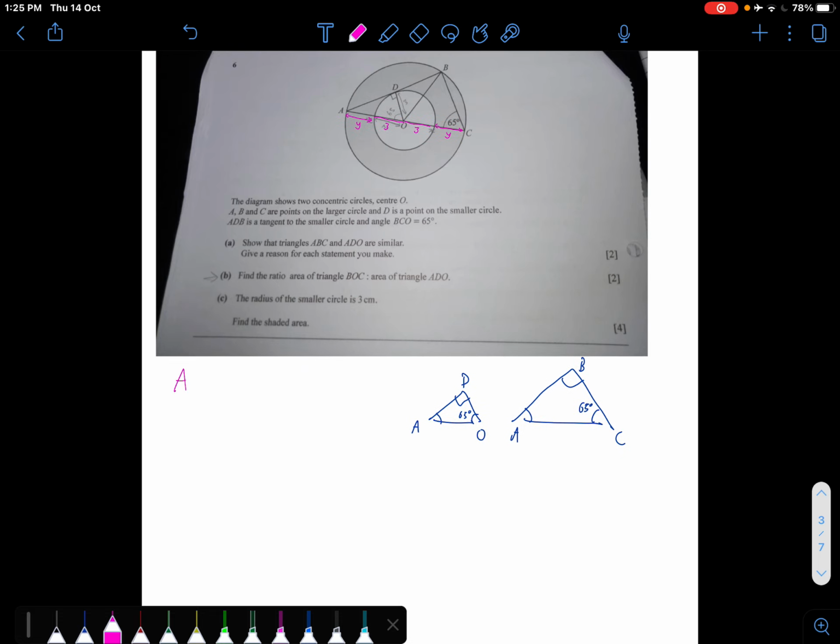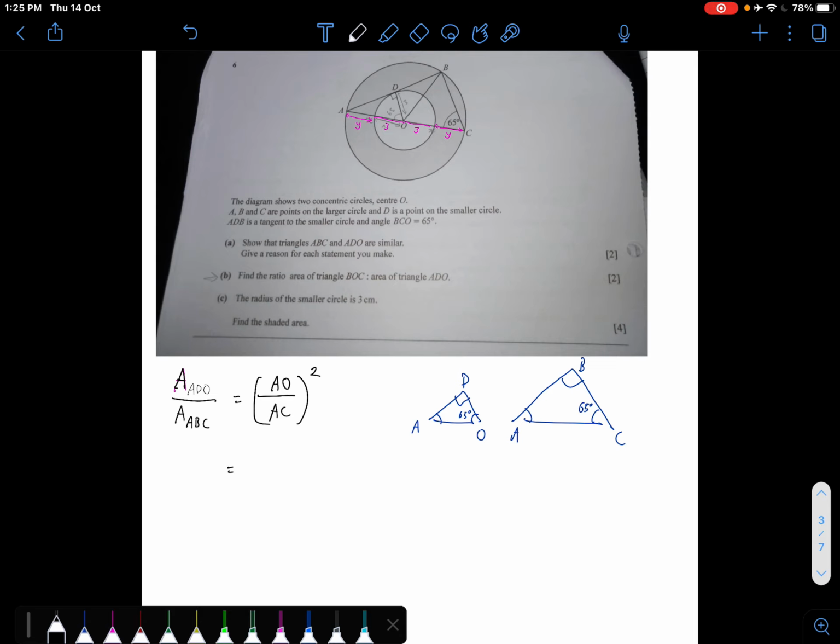We know that the area of triangle ADO compared to the area of triangle ABC, small over big, must equal AO over AC, bracket squared. It's the A1 over A2 equals L1 over L2, bracket squared formula.